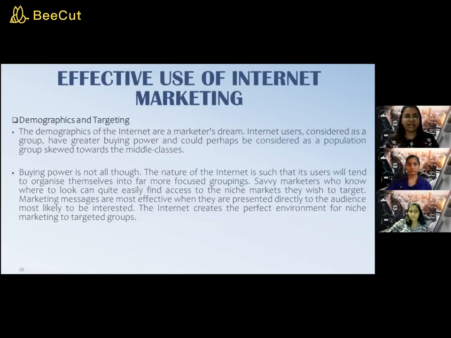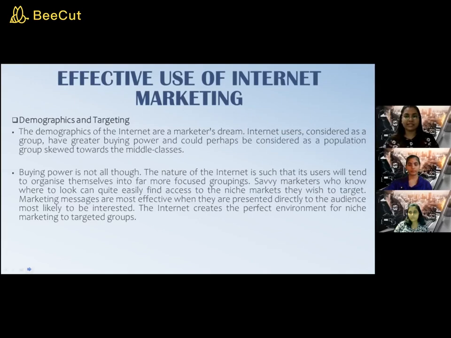Demographics and targeting. The demographics of the internet are a marketer's dream. Internet users considered as a group have greater buying power and could perhaps be considered as a population group skewed towards the middle classes. Buying power is not the only factor, although the nature of the internet is such that its users will tend to organize themselves into far more focused groupings.